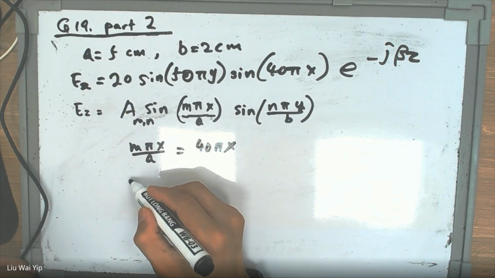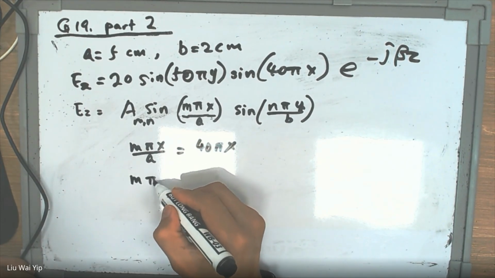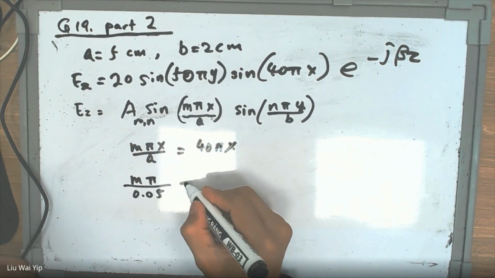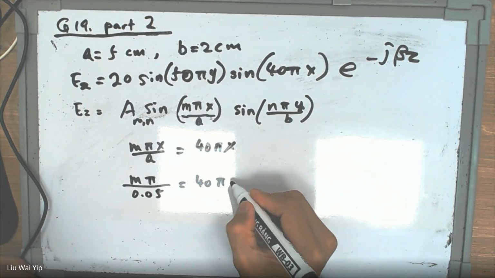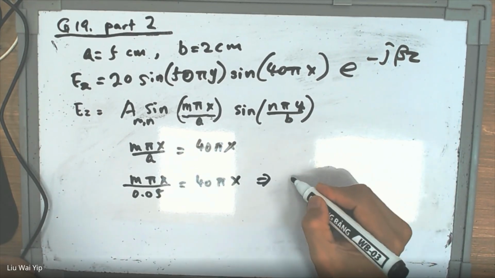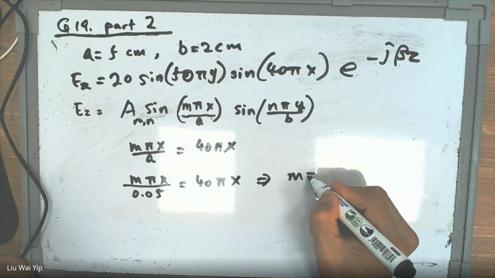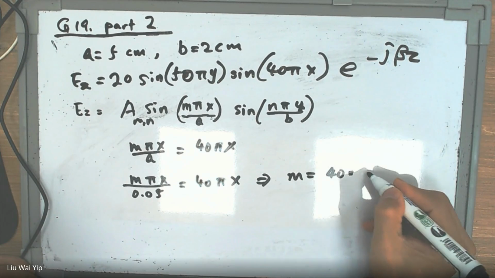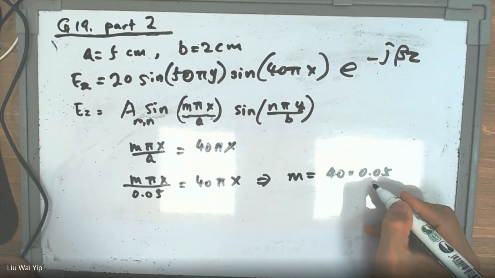You just substitute a is 0.05, and then 40, and then x. From here, you will get m is equal to 40 times 0.05.